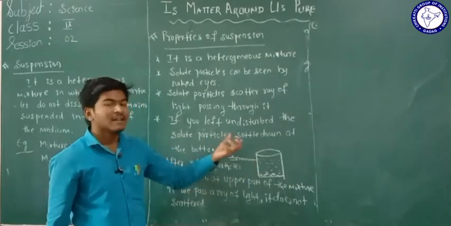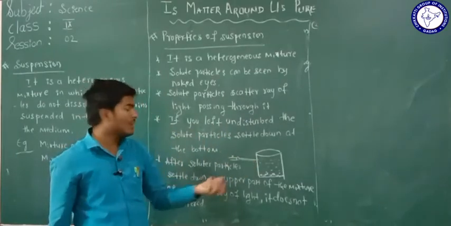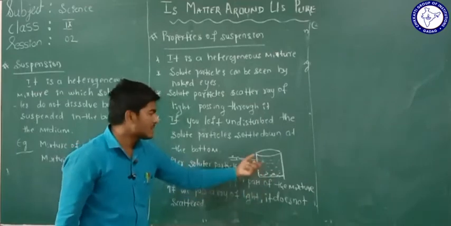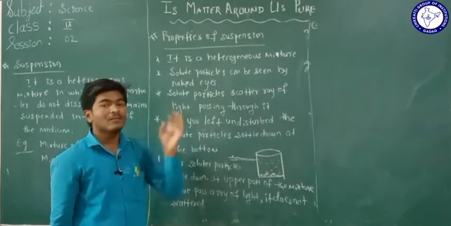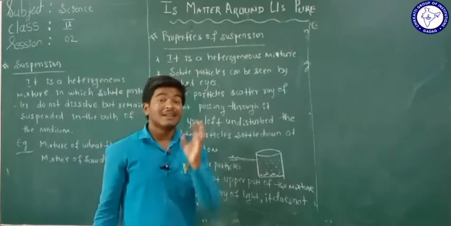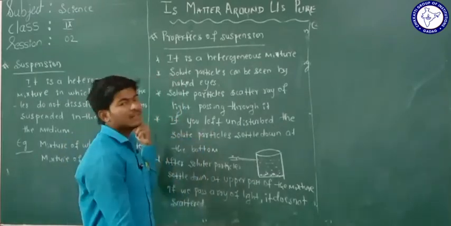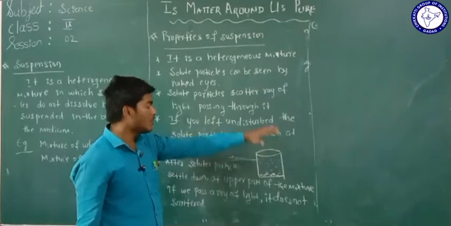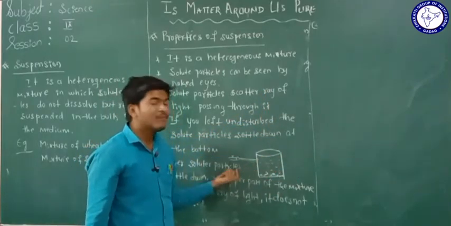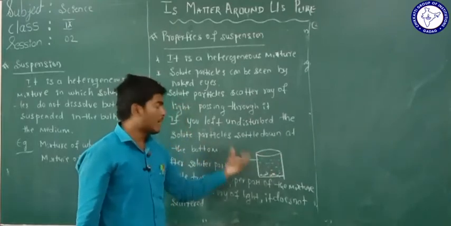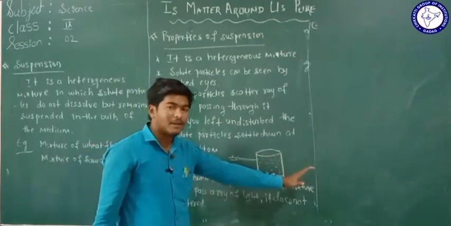Why? Because the scattering of the ray of light is due to the solute particles present in the bulk medium of the suspension. So when you leave it undisturbed, the solute particles present in the suspension get collected and settle down at the bottom. The water will be very clear when you pass a ray of light through the upper part of the suspension.